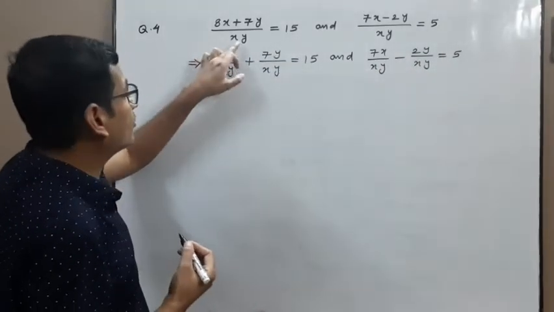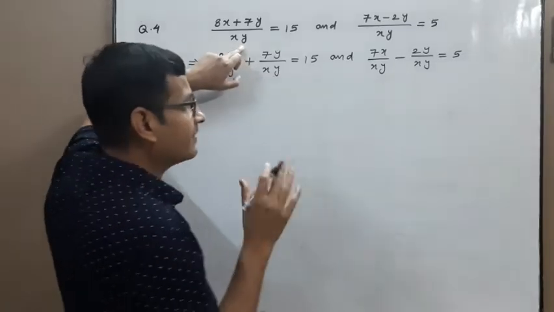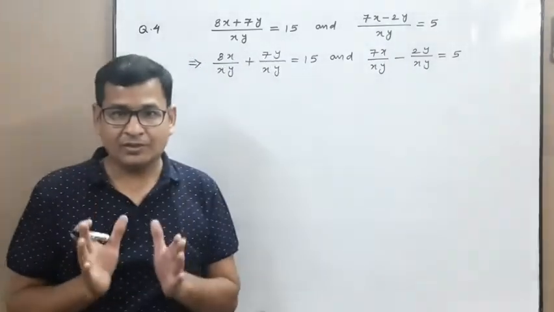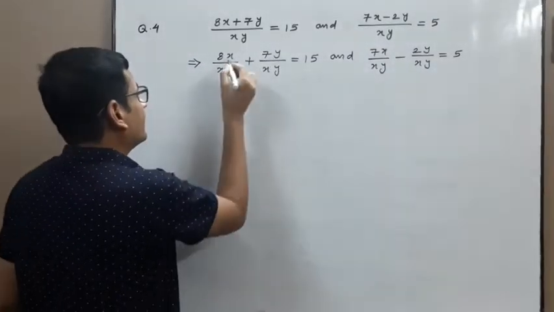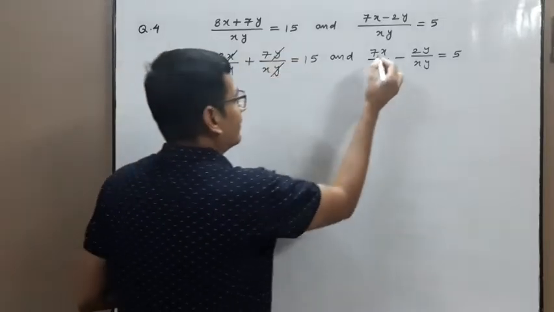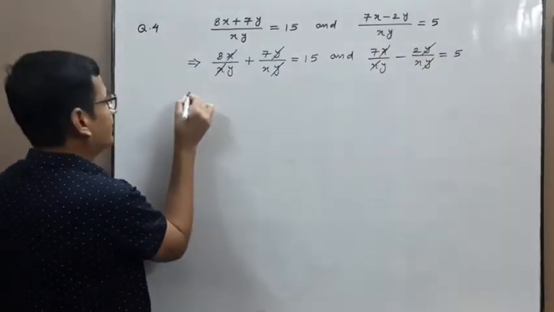X and y both are in the denominator, meaning both are not equal to 0. It is given in the question, because we can't divide any number by 0. So x and x cancel, y and y cancel.